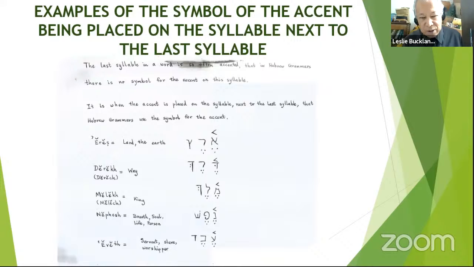And because that's not the usual place where the accent is put, it has to be indicated by the arrowhead over that syllable which is before the last syllable. Hence the arrowhead over ayin, the consonant ayin. Eveth means servant, slave, or worshiper.